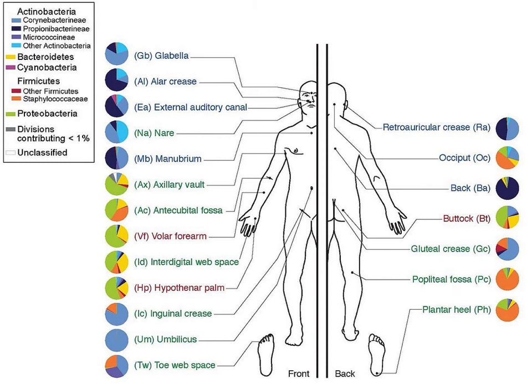And each of these regions has a very characteristic type of bacteria. If you see how these pie charts are colored, you can see that the area of your head has very different bacteria than do your arms or your chest. Okay? These are very high level classifications of microbial organisms.